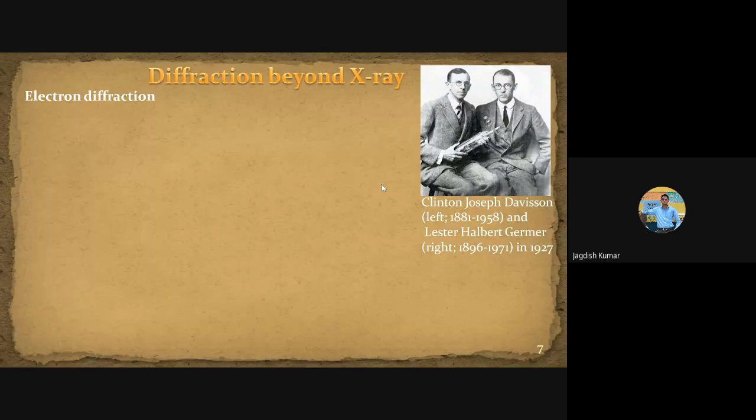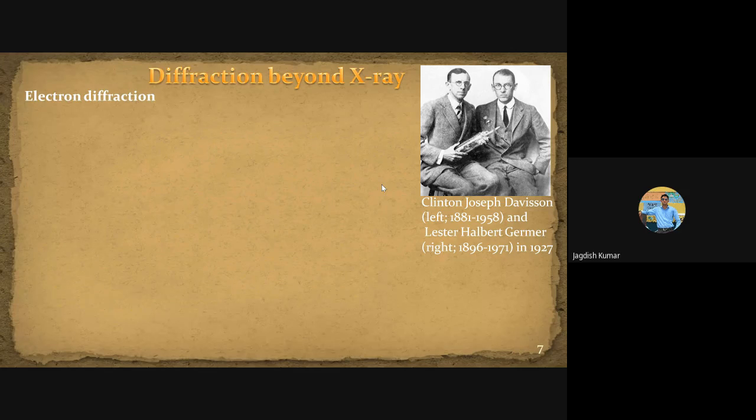Electrons were earlier supposed to be particles, because when J.J. Thomson discovered the electron, he characterized its properties and found that it behaves like a particle. That was a well-established fact for almost 100 years.